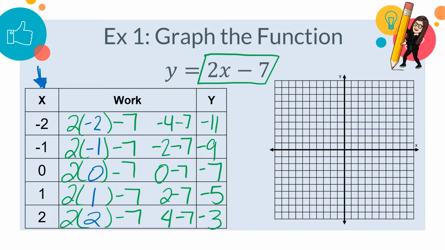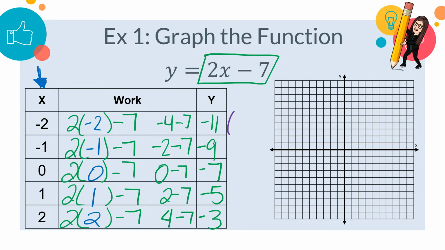Now before we continue, you should notice a pattern. I see that we're jumping up by 2 each time. That's good. If you don't have a pattern in your x column and your y column, something's wrong. We should always see a pattern there. Step 5, plot your dots.